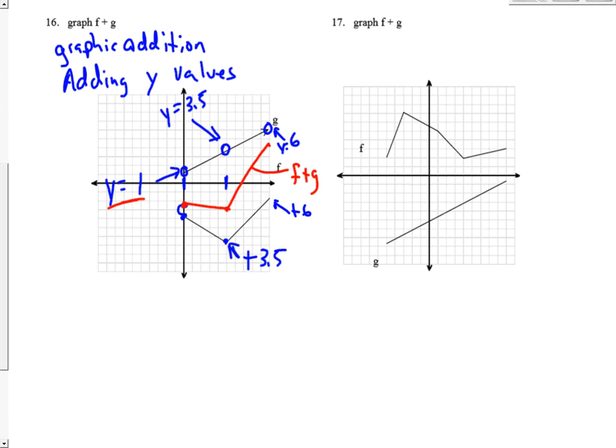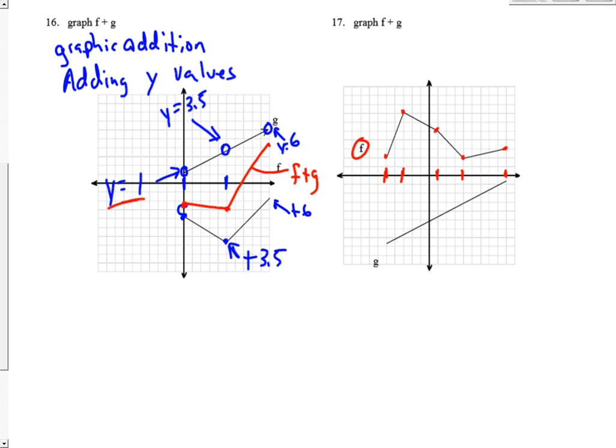And looking at number 17, same kind of thing. I look at the graph that has all the different points and everything, which would be f, and I'm going to locate the points and identify those values of x. So I have right there at -5, here at -3, here at 1, here at 4, and over here at like 8 or 9. 9, I guess.